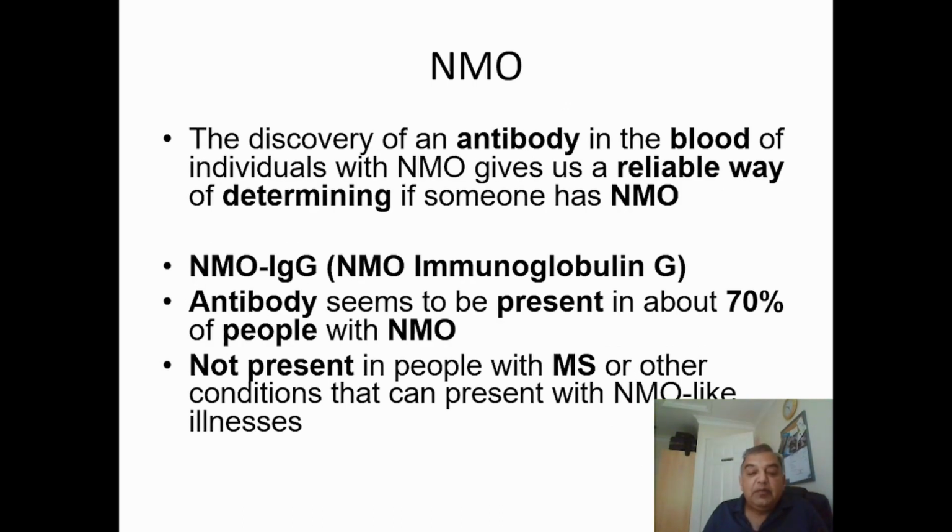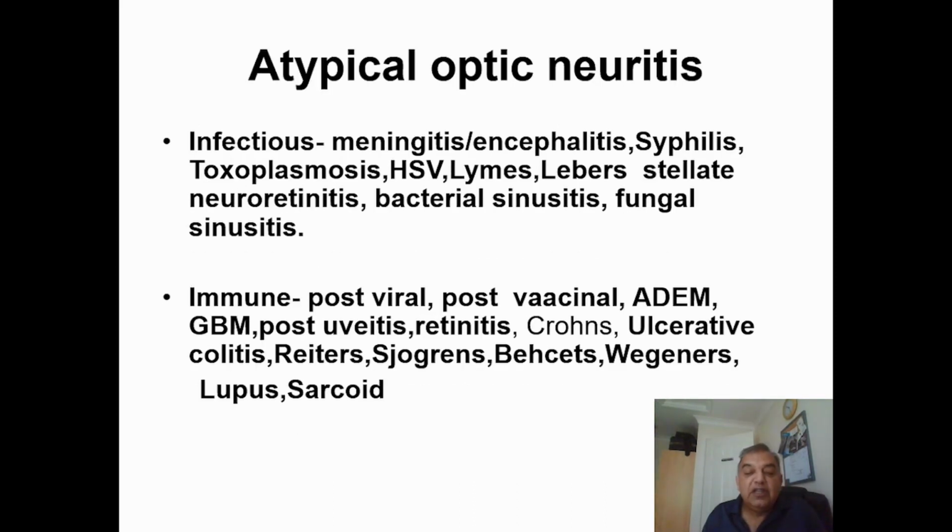NMO is tested by testing for an antibody in the blood, which is called the NMO antibody or the aquaporin 4 antibody, and the antibody is present in 70% of cases. It will not be present in patients with MS, although there can be overlap in this condition.